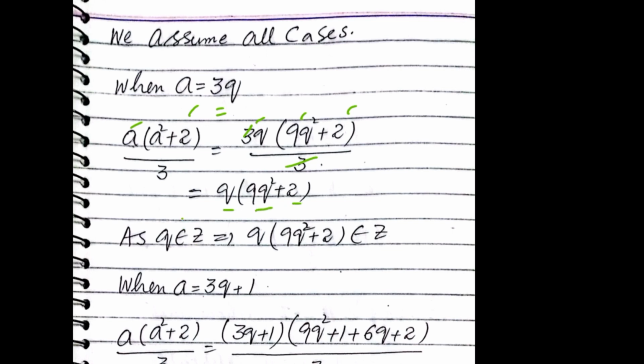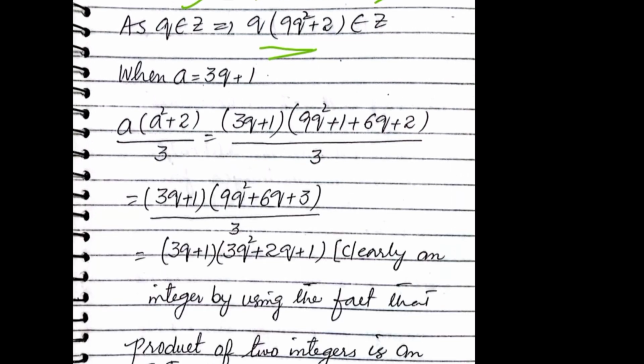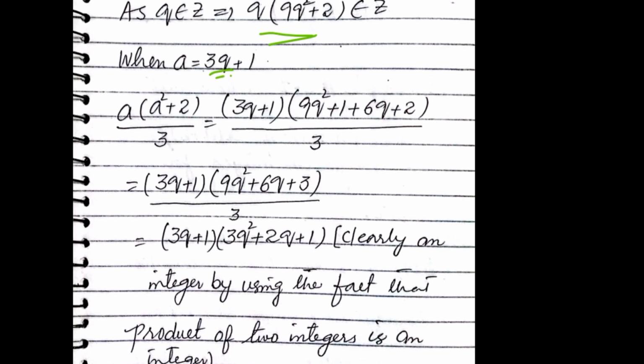As q is an integer, this product is also an integer. When a is 3q + 1, plug in this value of a, and expanding its square, we get 9q² + 1 + 6q + 2. 1 + 2 is 3.